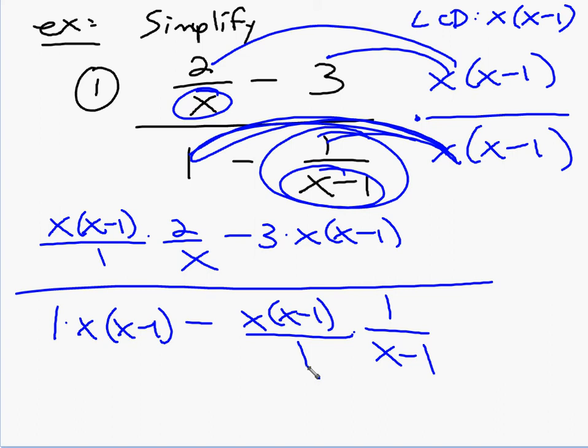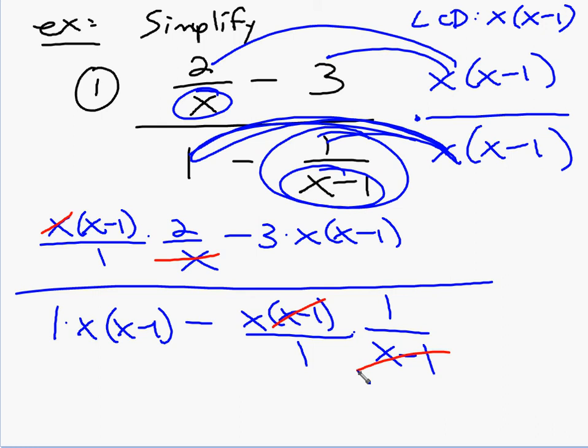Now, once you've got this far, it only gets easier. Now we can get out the slasher and make the complex fraction go away. Those go away. And down here, the x minus 1's go away. Now, for the sake of time, I'm going to simplify this right above and below.